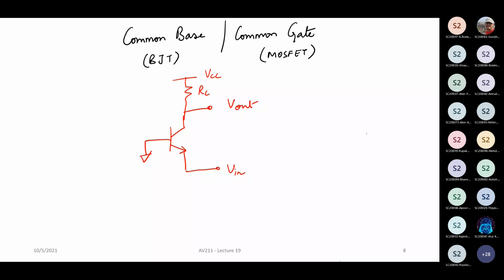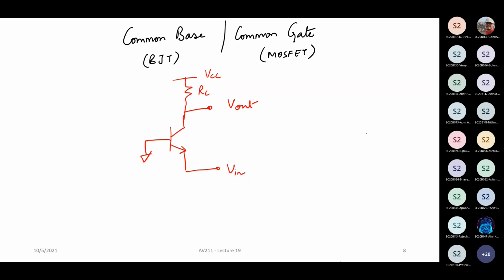Now, this is a very general way of looking at a common base topology. That is to say, you ground the base. The base is common to both the input and the output, which is why it is called the common base. You have the input fed at the emitter and the output taken at the collector.